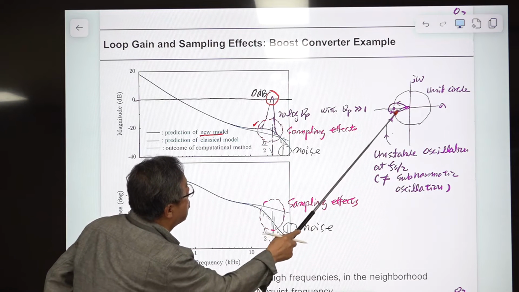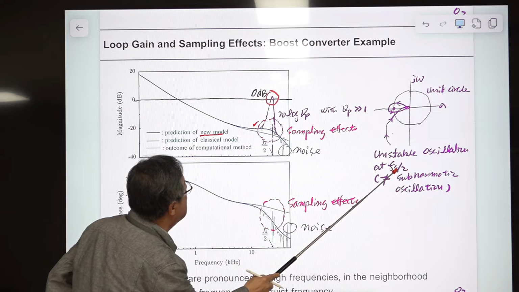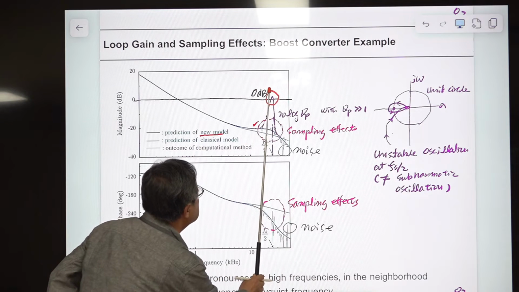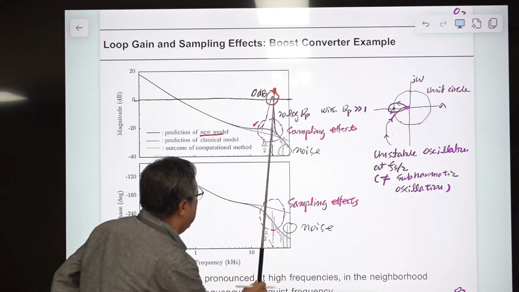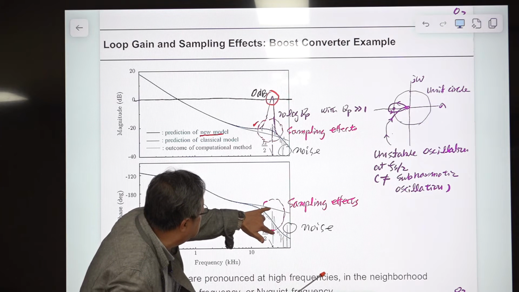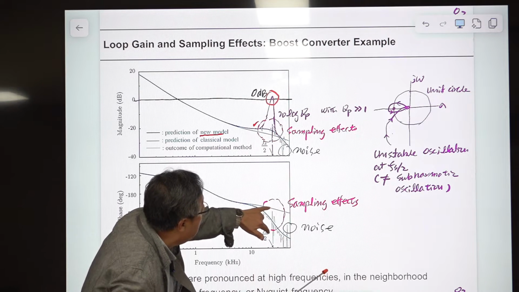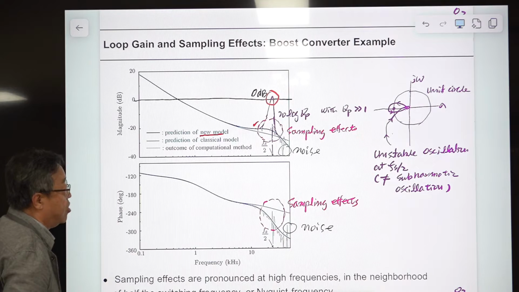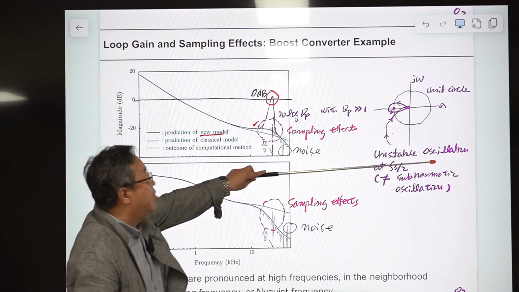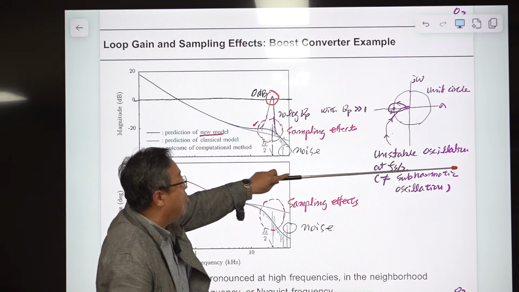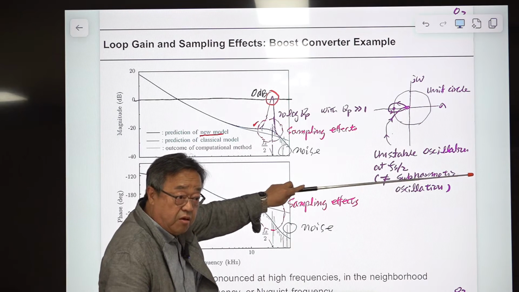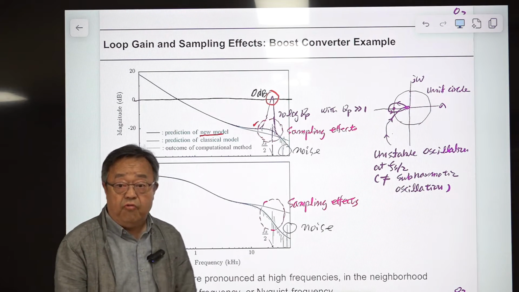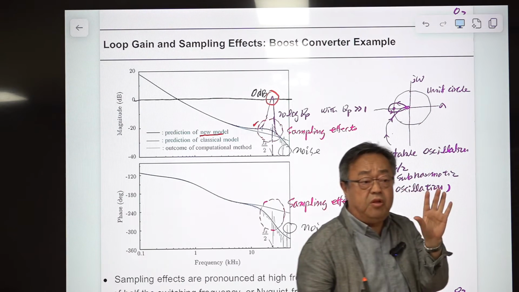This encirclement occurs at half the switching frequency, the peaking occurs at half the switching frequency, and this phase delay of about 90 degrees occurs at half the switching frequency, and unstable growing oscillation will occur at half the switching frequency. We had something very similar to this.